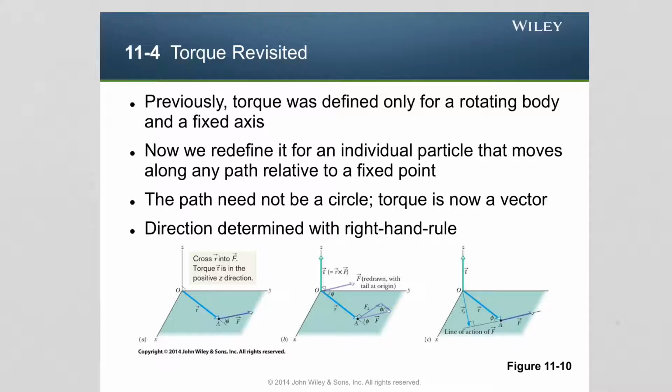And now we are going to talk about torque as a vector quantity. So we are going to consider a right-handed coordinate system with x, y, and z axes. If we take a particle that is located at point A in space, the position of the particle at that point is given by the position vector r.